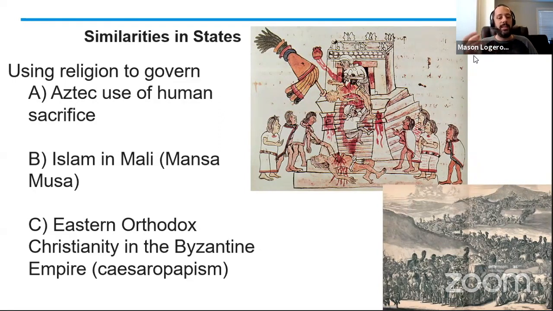But notice the term Caesar, the head of the government, papism, like the Pope, the head of the church as well. So again, you've got political power and religious power very much intertwined. So that's a similarity we can see across the Americas and Africa and Europe, that political leaders are using religious power.